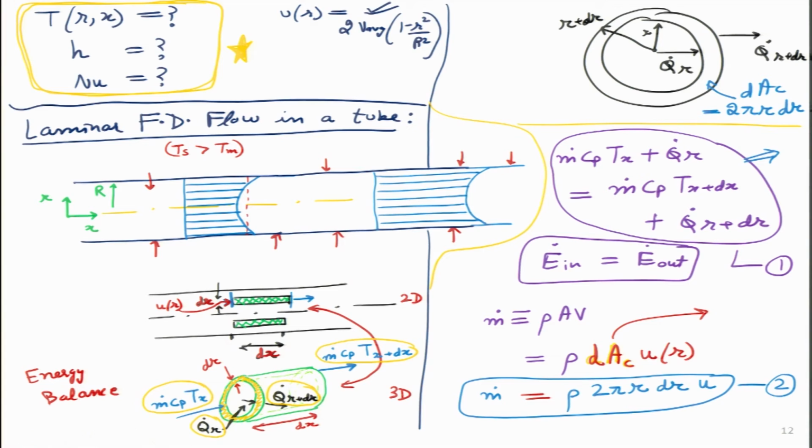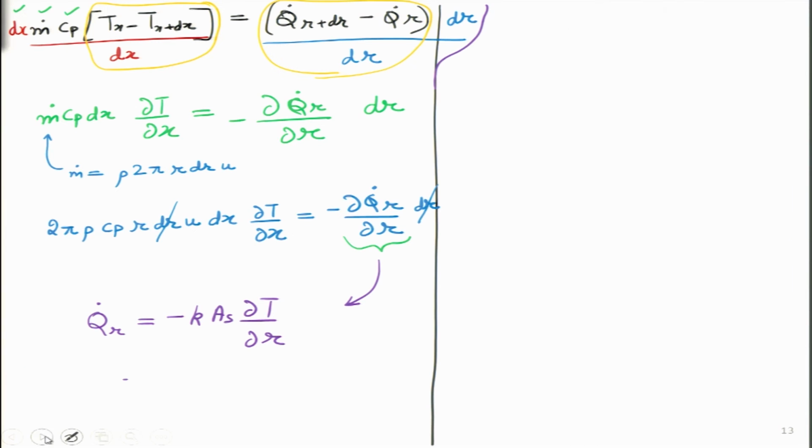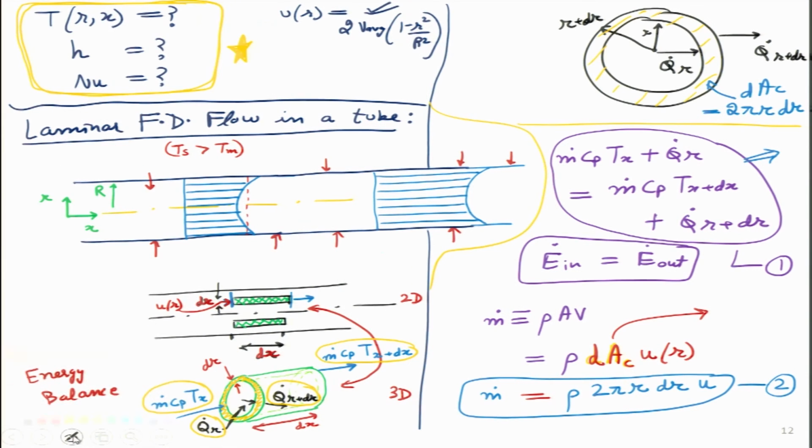AC we have seen was this cross sectional surface, that is why we put a C, and AS is the surface area, which will be this inside surface area over here. This inside surface multiplied by the length. So, from here we can get AS will be what? This inside periphery, which is 2 pi r, and the length of this cylinder we can get from here. The length of the cylinder we have taken as dx.